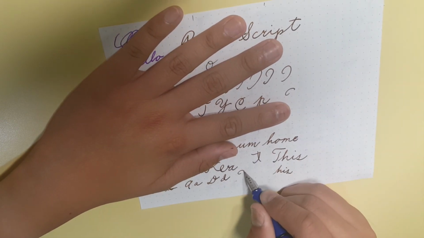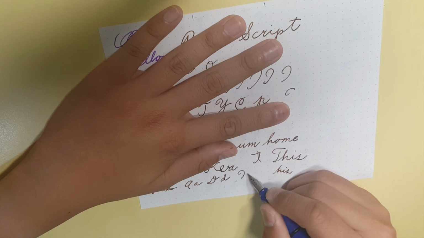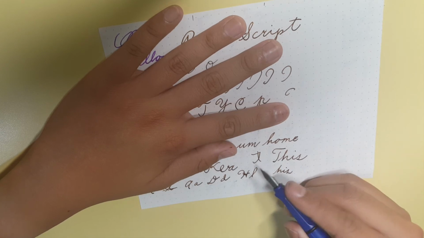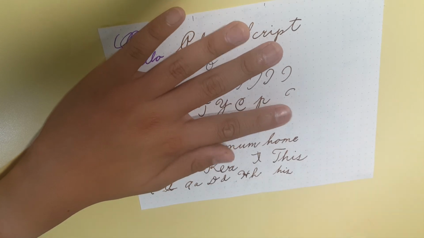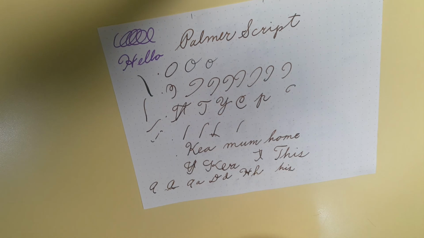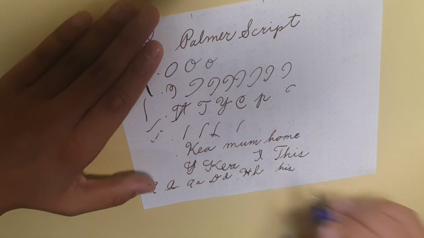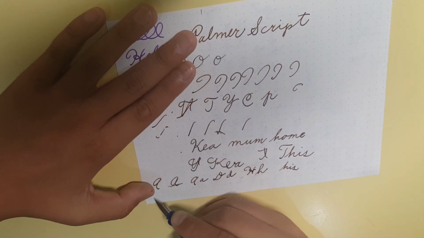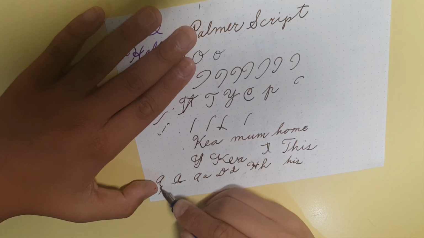Okay, H. Angular, there we go, sharp. Now notice how I'm not really paying super special attention to the angle of the letters. That's because there isn't really an angle. Again, PalmScript, a lot less rules, so it's a lot sloppier. But there you go.